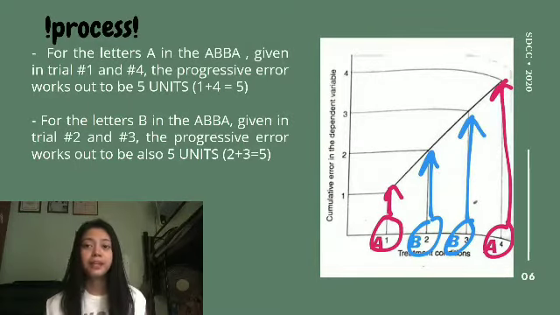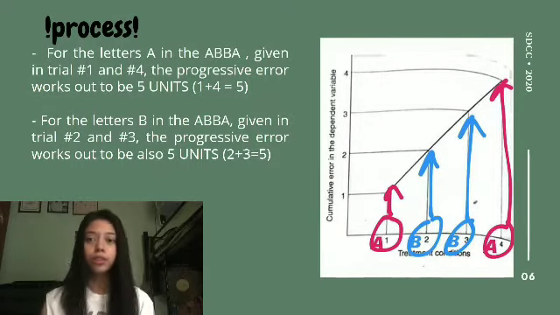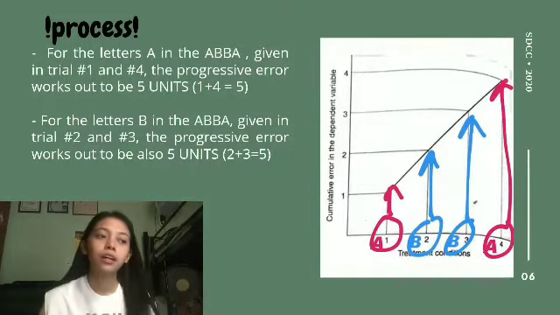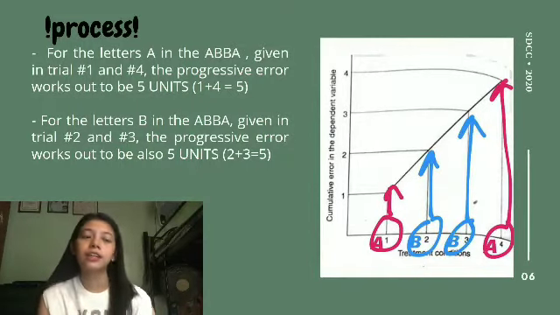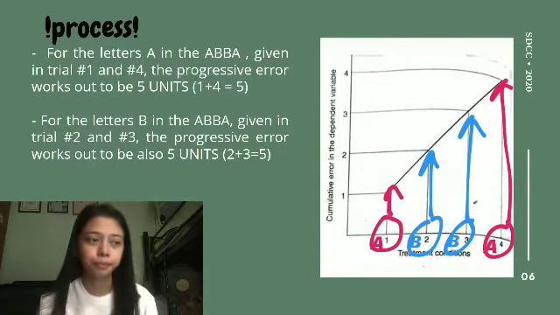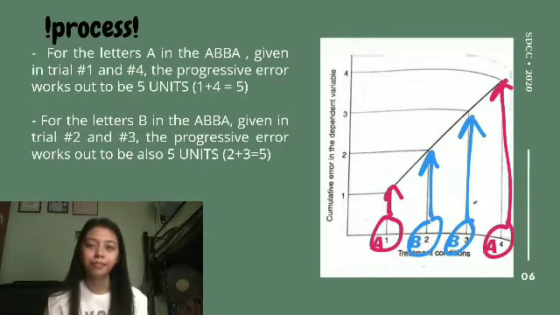In the ABBA procedure, if we compute it, the result is equal. How? First, look at the letter A. There are two of them in the graph. Unit 1 plus Unit 4 equals 5.